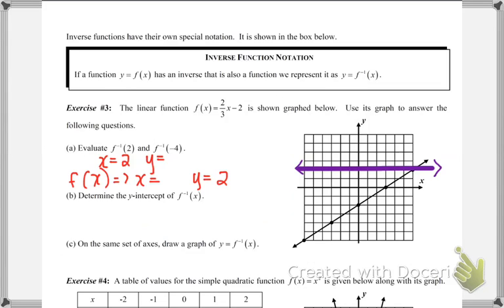And we see that point is 6, 2. So our value for x was 6 in our original. That becomes our value for y in the inverse.